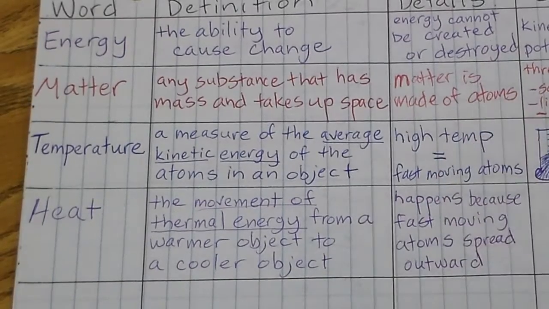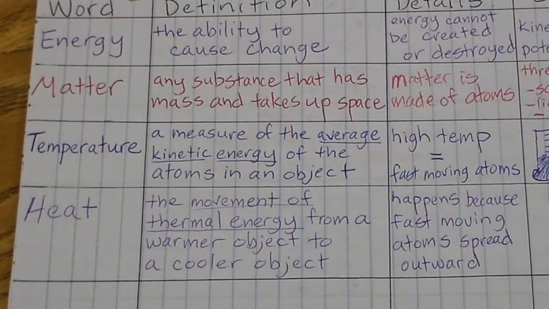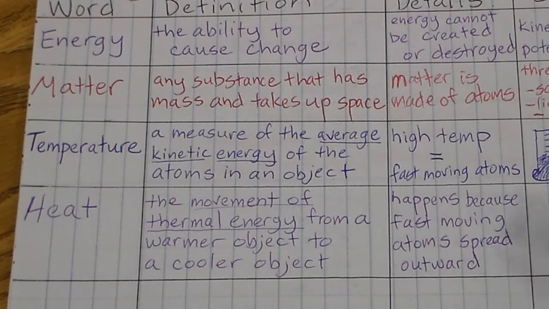So this explains why thermal energy is going to move, right? Because atoms that are moving fast are going to spread outward, so they're going to go to different places, whether that place is the air, or the chair you're sitting in. So heat happens because fast-moving atoms spread outward.